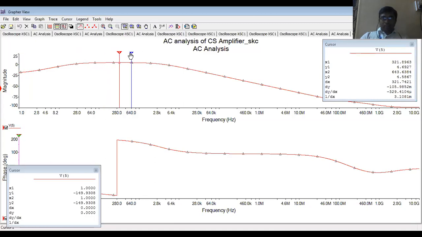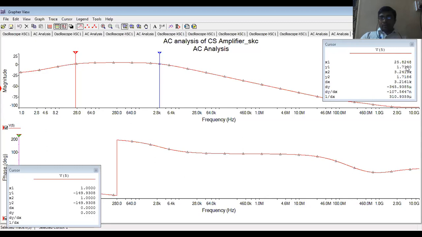Okay, now decrease by 3 dB. So it has to come back to 1.69, nearly 1.71. Here also you have to see 1.69, 1.7. This is the 3 dB less point, Y1, Y2.